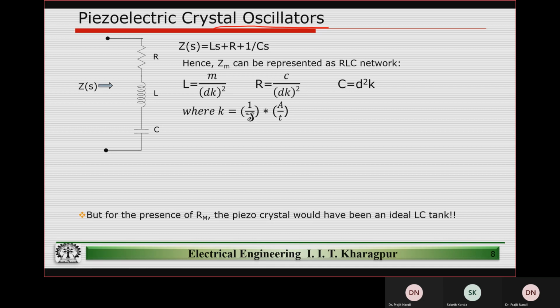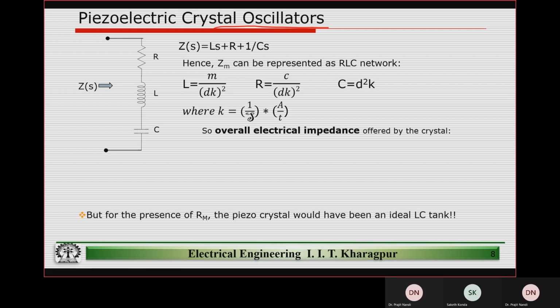The inductor will be given by the mass M of the crystal divided by D and K. D we know is the piezoelectric constant. K also we know is proportional to the area, inversely proportional to the thickness. We derived the value of K long back, probably in class 3 or 4. You can refer to that lecture. And R and C are given by this, right?